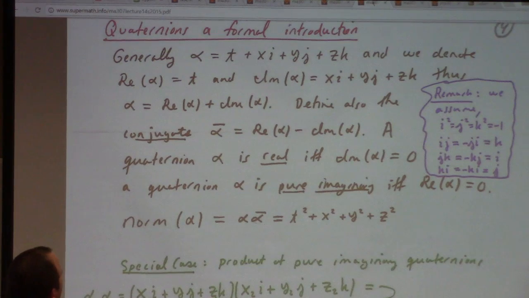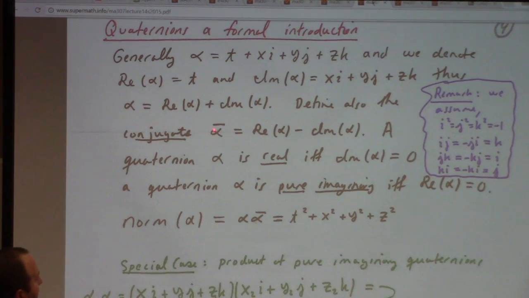Don't ask me why. So the real part is just t, whereas the imaginary part, I just threw in the i, j, and k for the imaginary part here. So you can write alpha as the real part plus the imaginary part. You notice this is a slight digression from our usual imaginary notation in complex numbers, where the imaginary part is itself real, and we pull the i out separately, right? So it's really the imaginary vector component here in contrast.